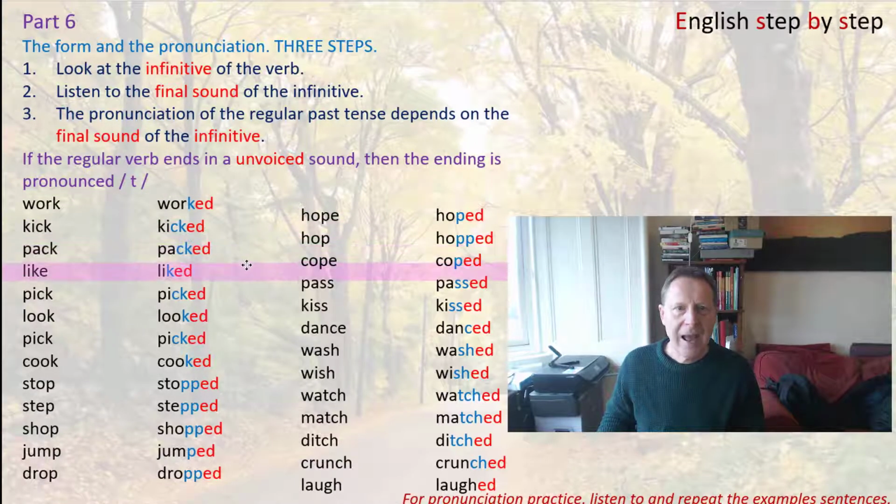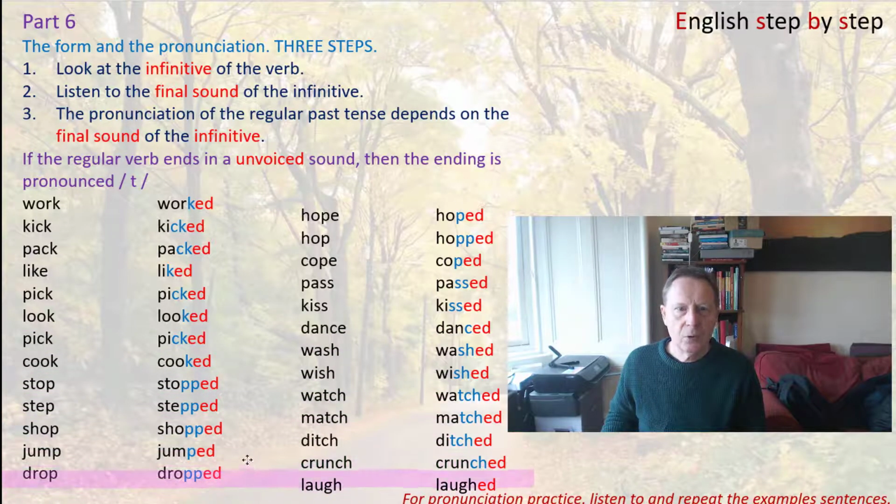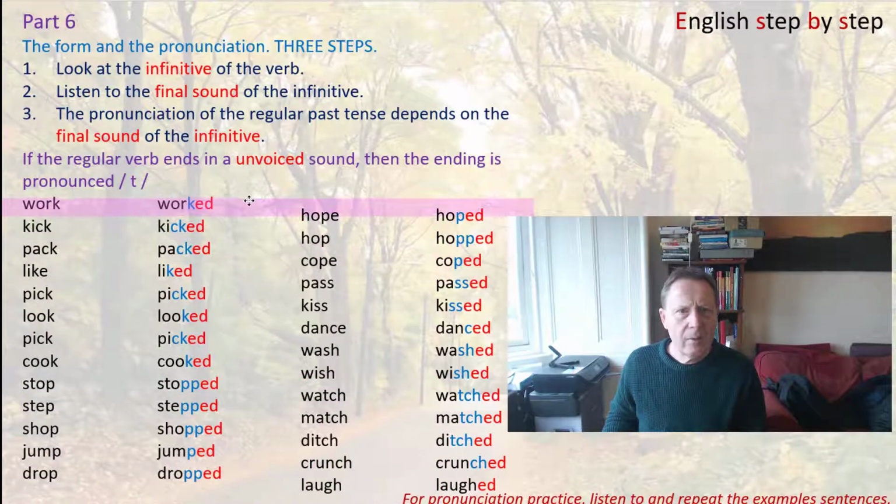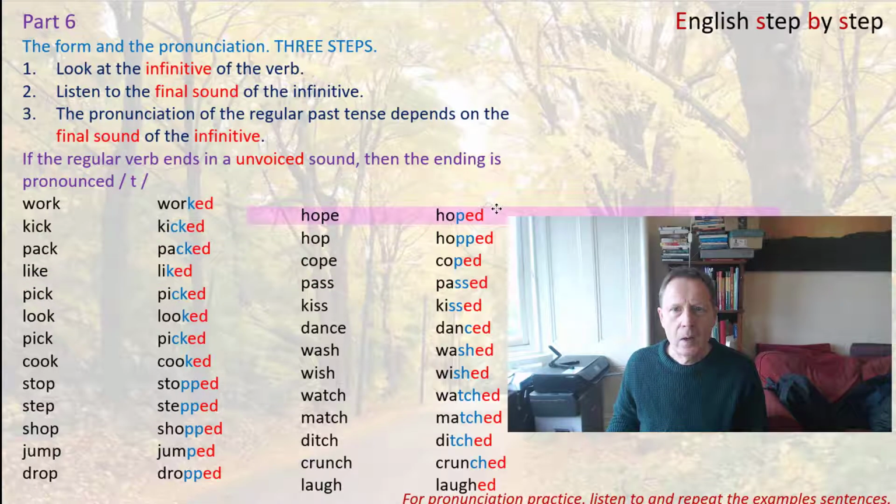Kicked, packed, liked, picked, looked, picked again. Cooked, stopped, stepped, shopped, jumped, dropped. So you can see all of these words have unvoiced sounds at the end of the infinitive. Let's look at these ones.